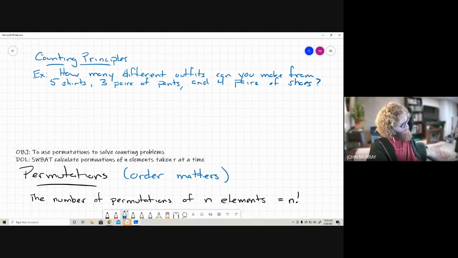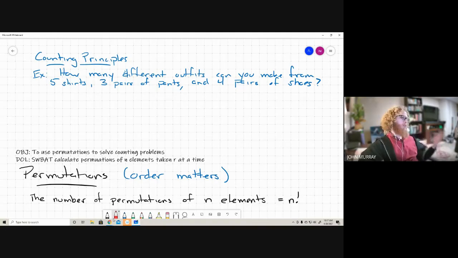Like I said, it follows the model that we had, but I didn't give you an example exactly like this. So I just want to go over it quickly, and it's pretty straightforward, so we're not going to spend too much time on it. One way we can do it is to label all our different shirts, right?